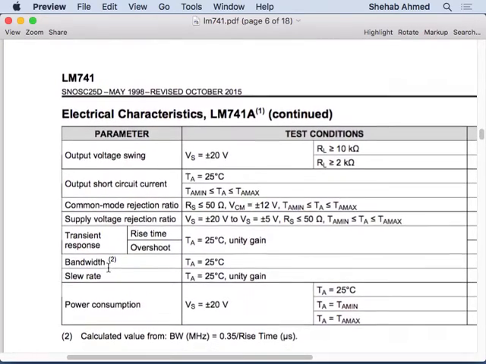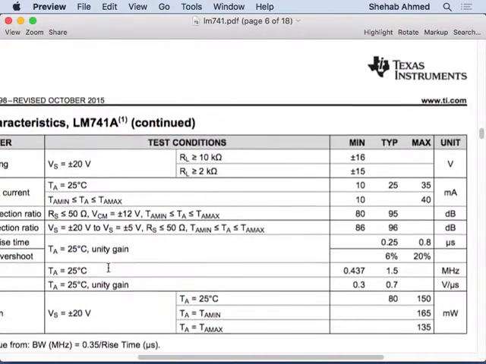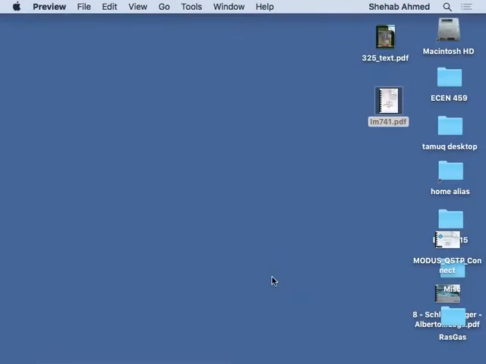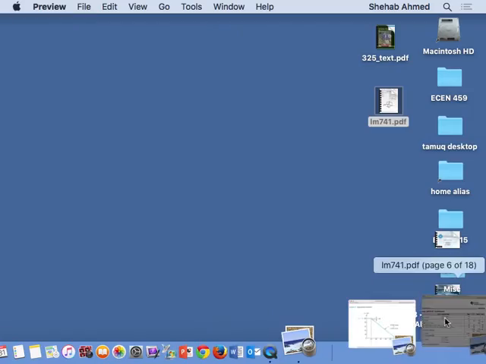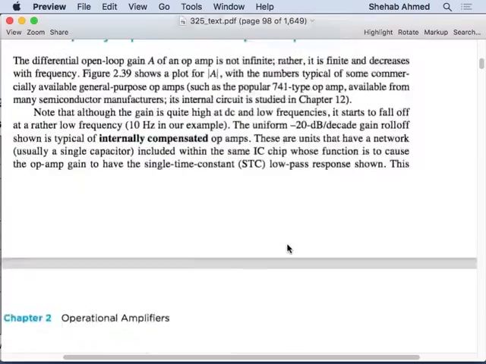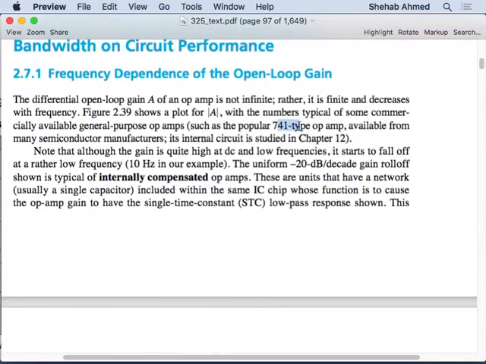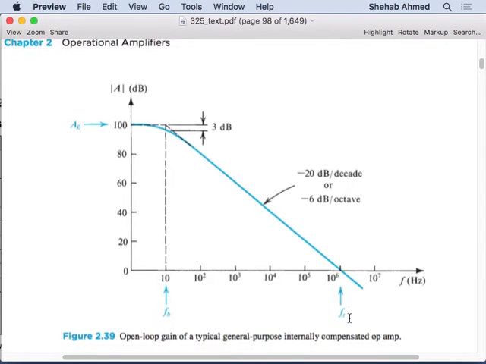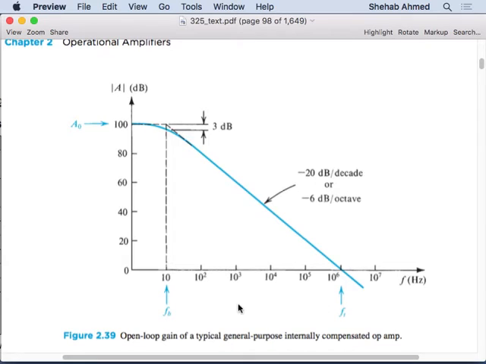They don't tell you if it's unity gain bandwidth or otherwise, but since it's for the 741 and it's equal to 1.5 megahertz typical value, and in the textbook they tell us for the 741 the break frequency is about 10 hertz. So if the break frequency here is about 10 hertz, and that's what they're plotting, what is the unity gain bandwidth frequency? Here it's happening at what?